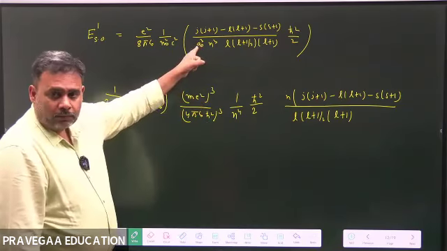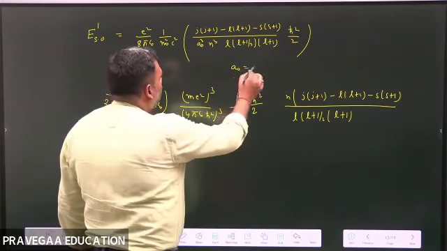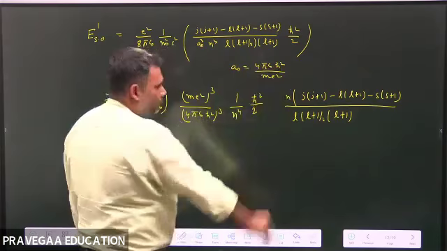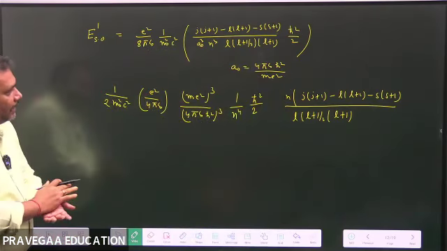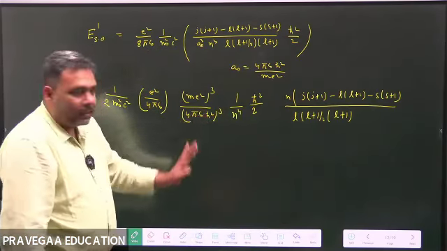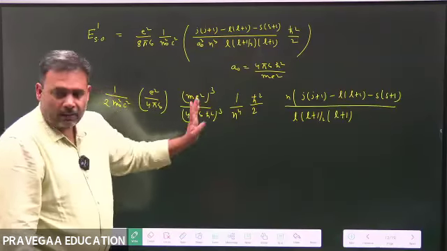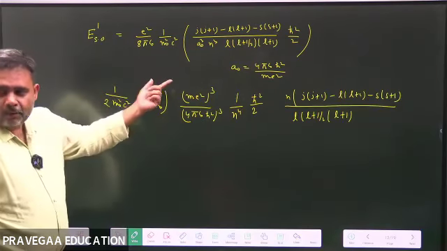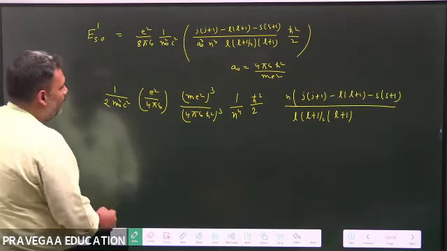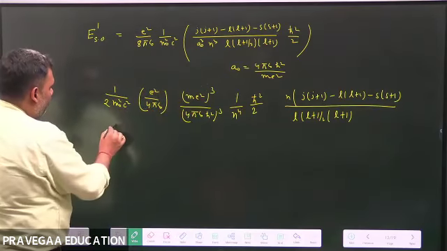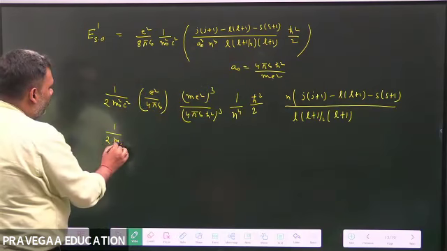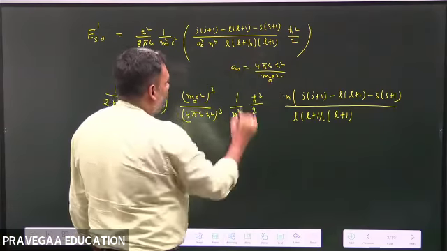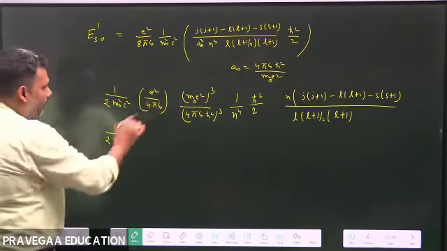This is a naught cube. a naught is equal to 4 pi epsilon naught h cut square by m e square. Okay, now here h to the power 4 will come, 6 is there, one h squared, so that will be h to the power 4. And here the chance is for E n square. So E n square means I can neglect one m, so we have 2 m naught c square. This one is also m naught. Don't worry. So 1 m cancels.